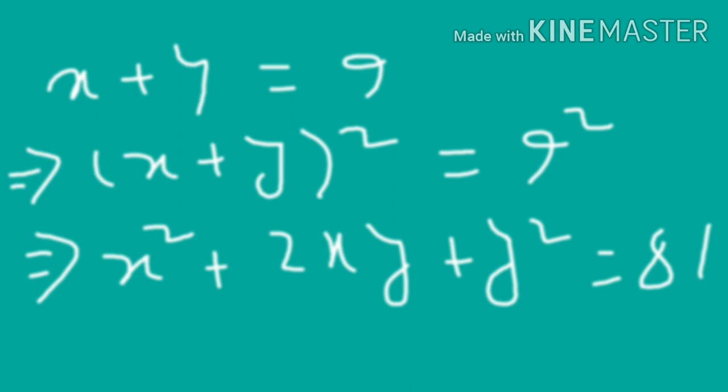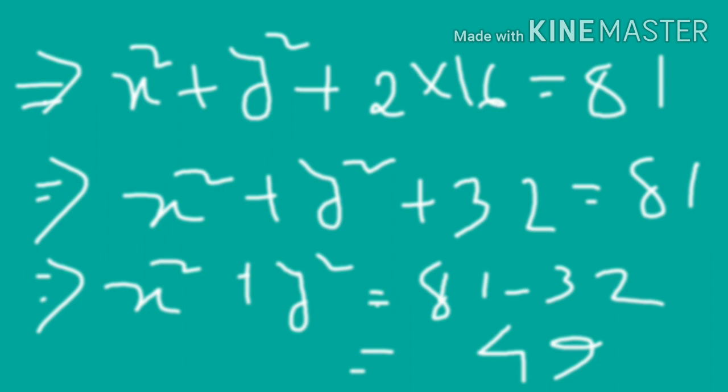We will write x square plus y square, and 2 into 16, in place of xy we will write 16. Then 2 into 16 means 32. So it is written x square plus y square plus 2 into 16 equal to 81, so it is becoming 32. That 32 is transferred to that side, and after transferring, do the simplification. 81 minus 32 means 49. Your answer is 49.